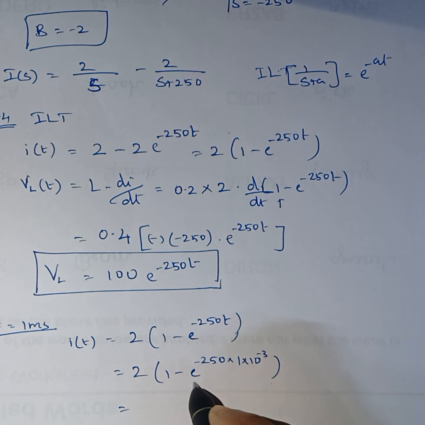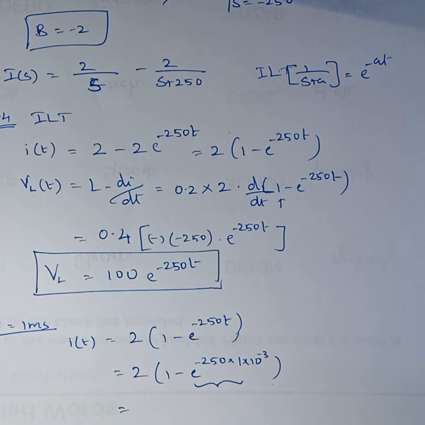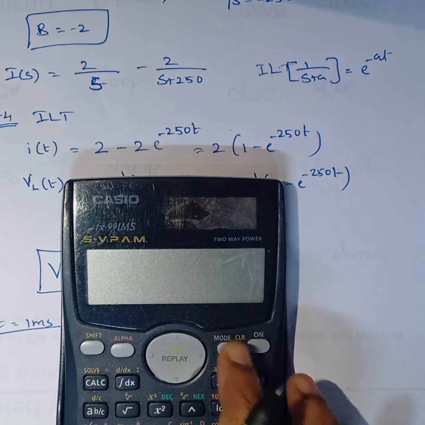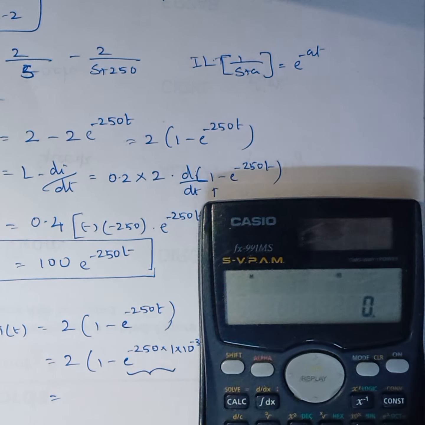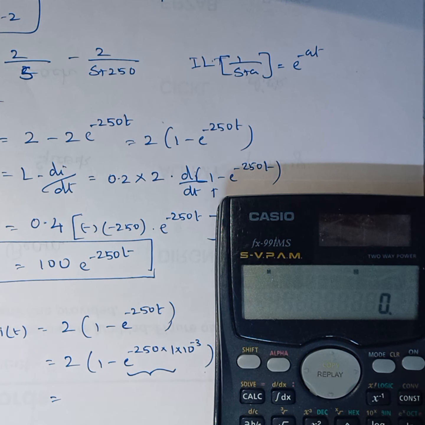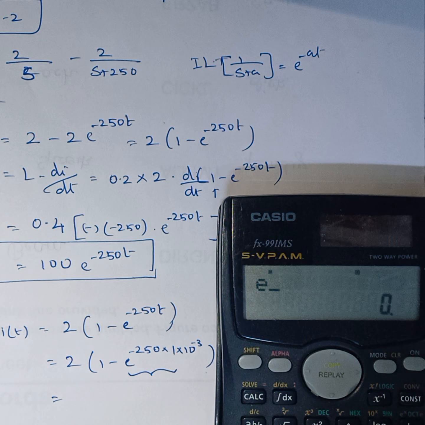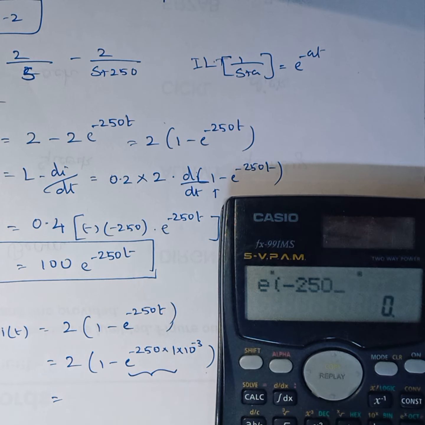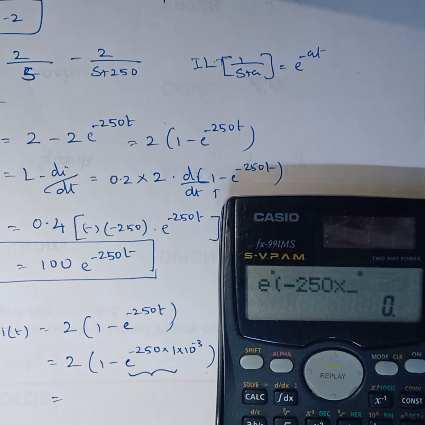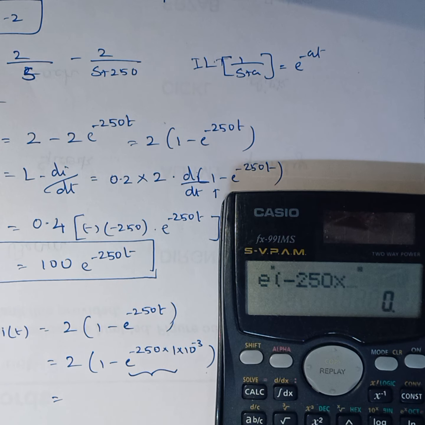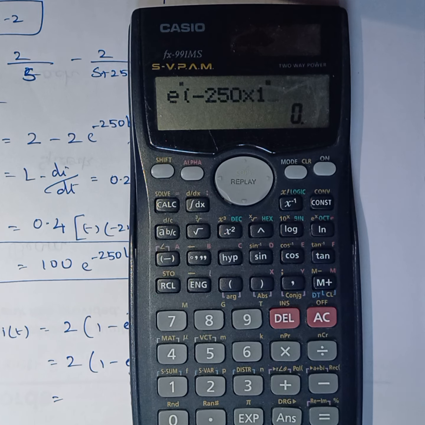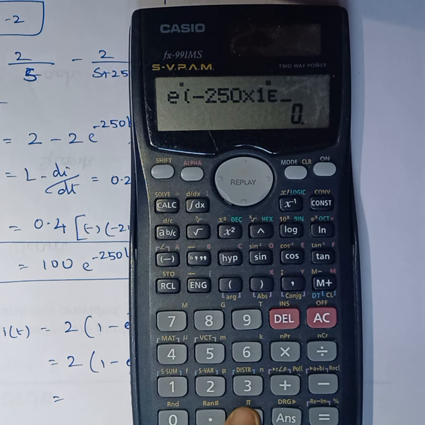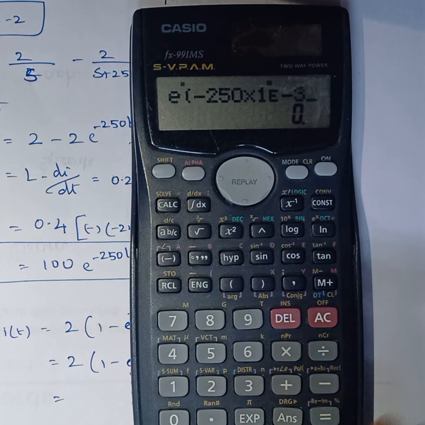So I first enter this value in the calculator. Hope it is visible: shift e, e power minus 250 into 1 into 10 power minus 3. How do you put this? Here, 1, then put exponential minus 3.